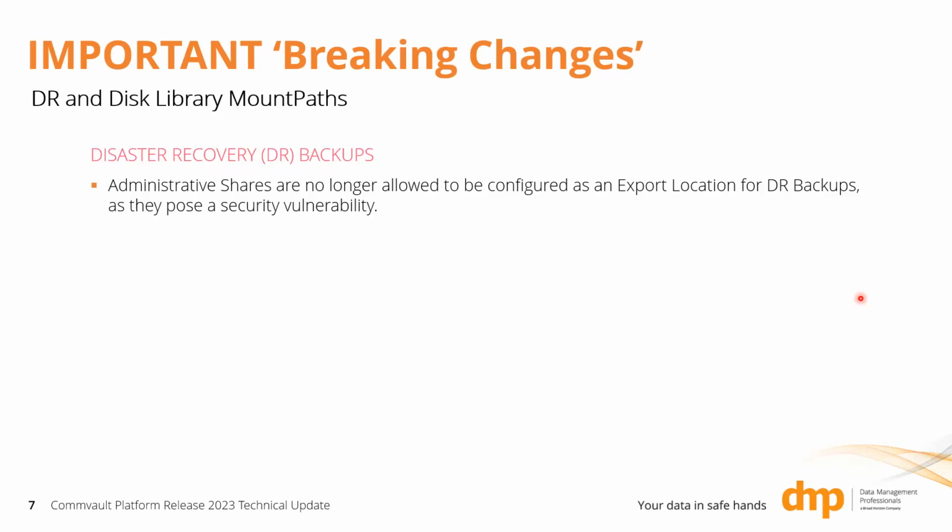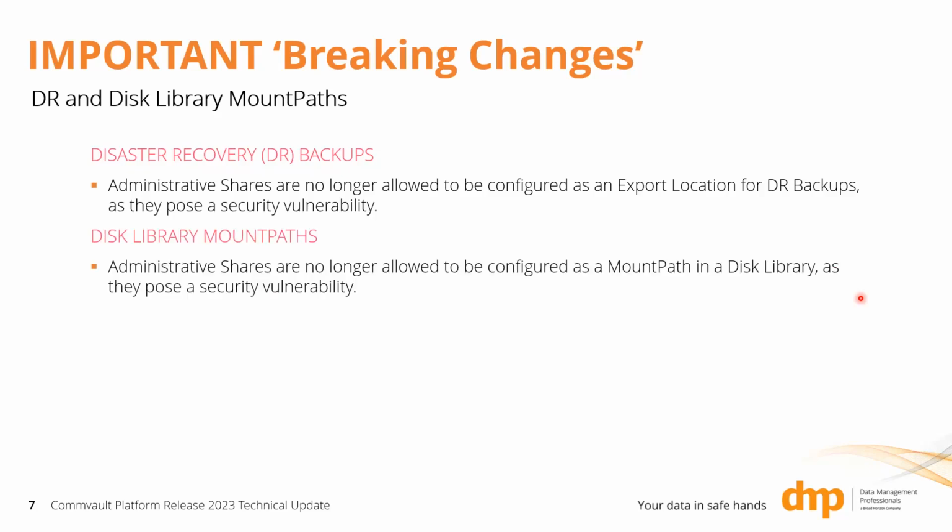So this is already discussed with Commvault development, and they are working on a fix. Details on what is going to be allowed and what is not, how that's going to work with additional settings, or if it's just a new maintenance release update, those details are not available yet, but we will make sure that we communicate them to you as soon as we have an update from them.